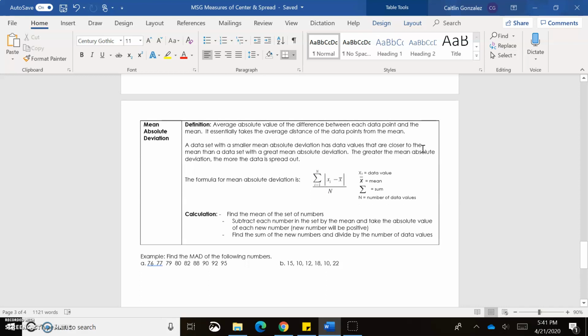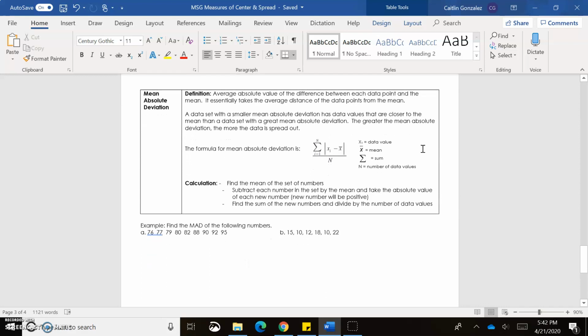Okay, another measure of spread that you may or may not be familiar with, I think most of you probably are, is mean absolute deviation, or sometimes we abbreviate it to just MAD. And it is the average absolute value of the difference between each data point and the mean. It essentially takes the average distance of the data points from the mean.